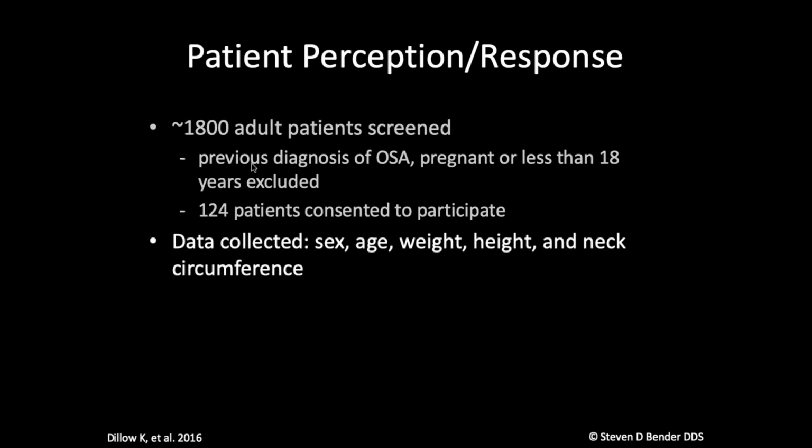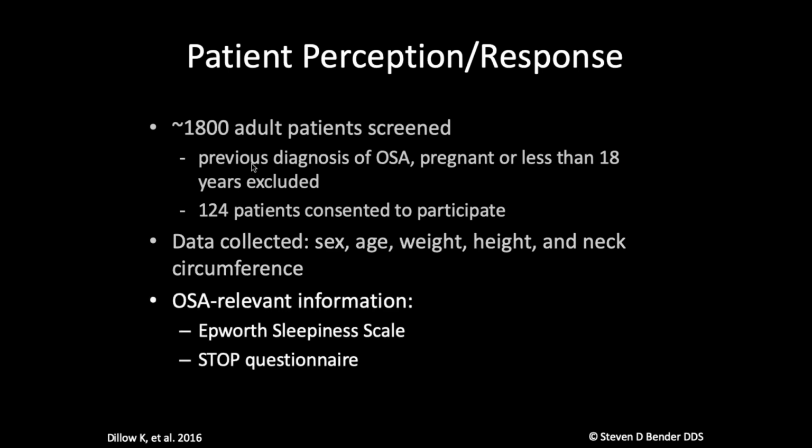The data they would collect on these patients was sex, age, weight, height, and neck circumference, all the things that you would include in the STOP-Bang questionnaire. And then also other relevant information like the Epworth Sleepiness Scale.